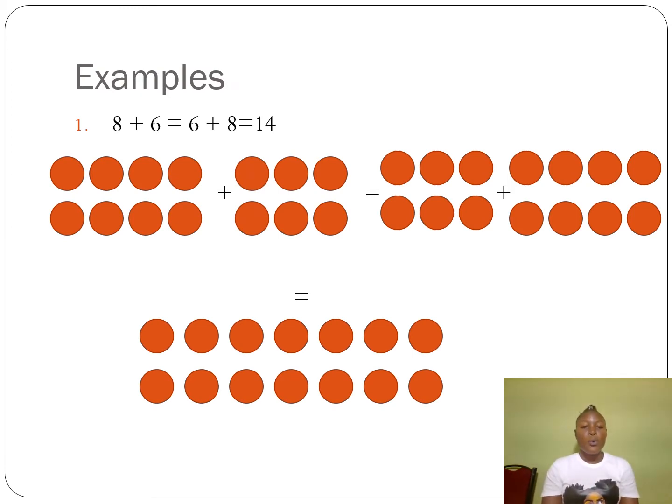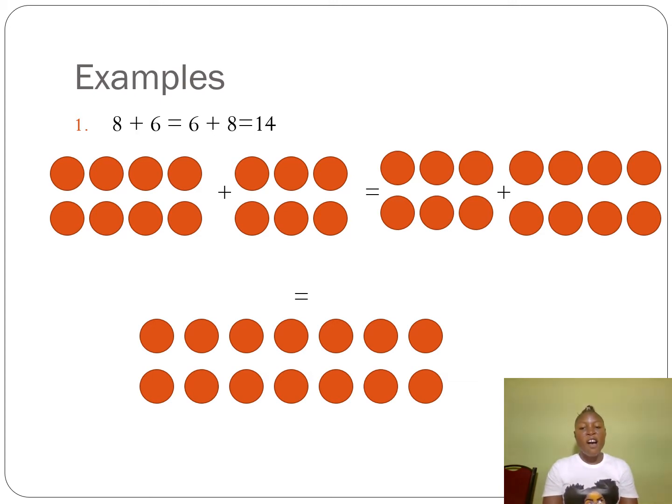Examples. We have 8 plus 6 equals 6 plus 8, giving you the same total as 14. Looking at the objects we have arranged here, in the first set we have 8 circles plus 6 circles.